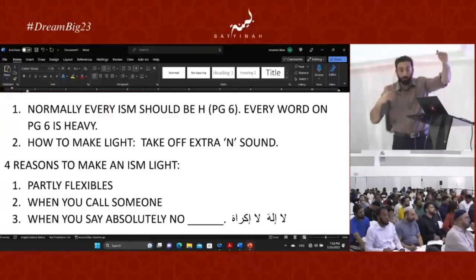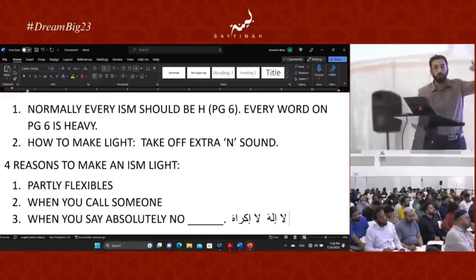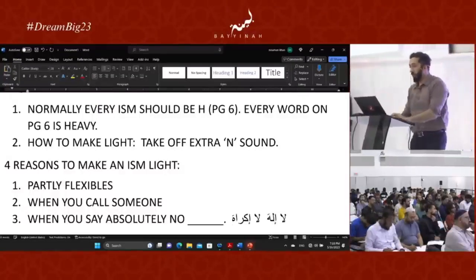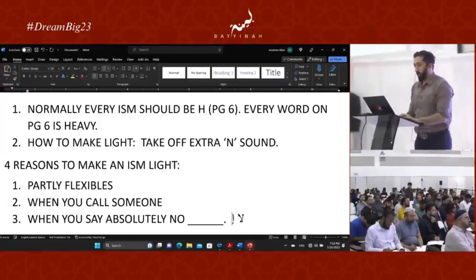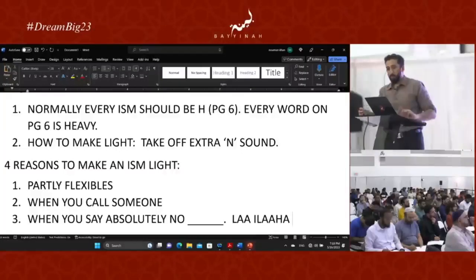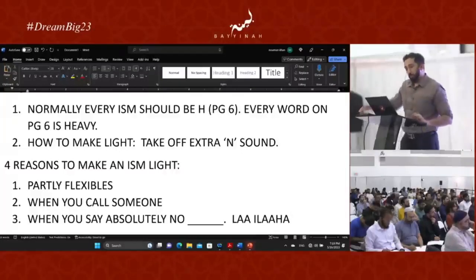When you say absolutely no, what was the difference? You were making those words light, like we say in the shahada. So you don't have to know how to write Arabic. You can write it like this, like la ilaha.